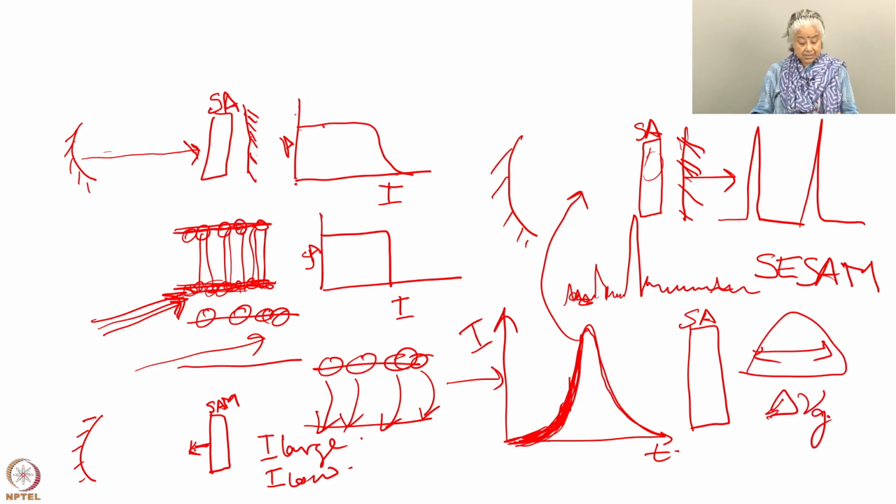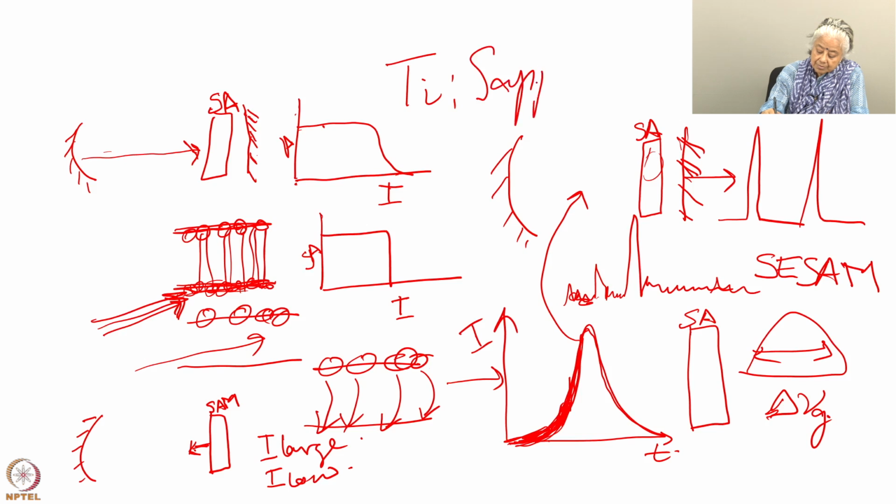In practical things, the most popular laser for very short pulses is a Ti:sapphire laser, which has a very, very large gain bandwidth. So obviously a shorter pulse is possible from a Ti:sapphire laser.